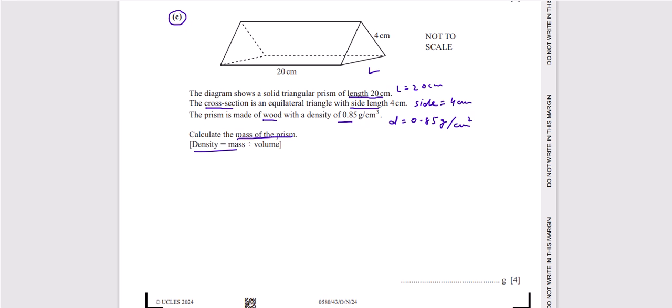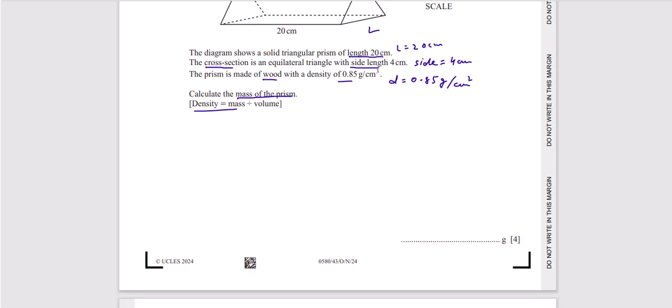The formula is given. We have to calculate the mass. Density is equal to mass over volume. We have to calculate mass, so mass is equal to density multiply volume.